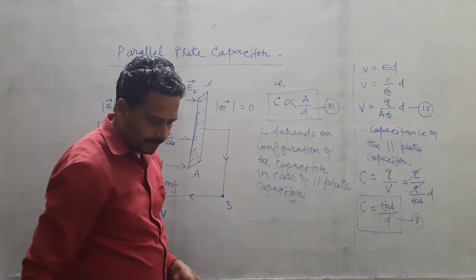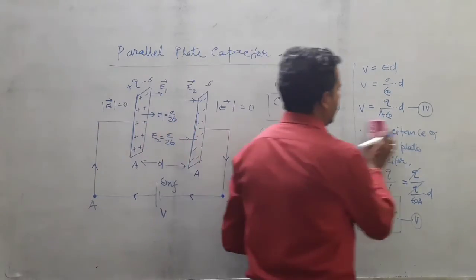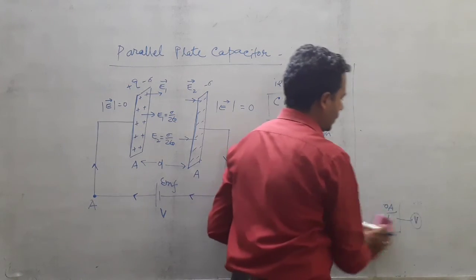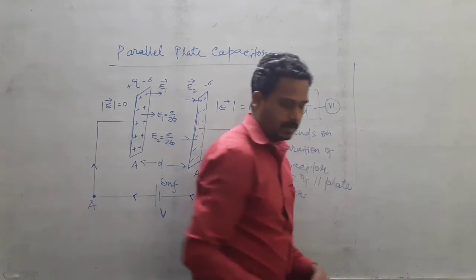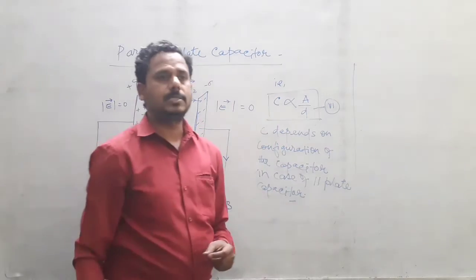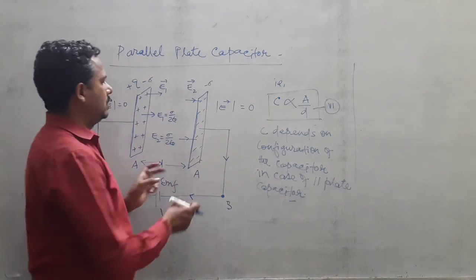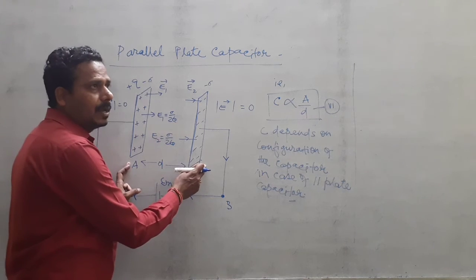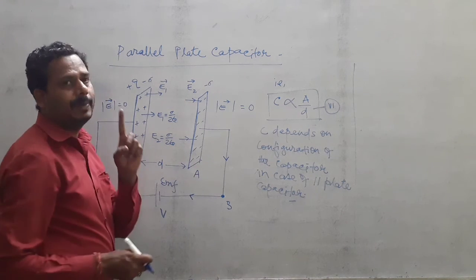One note to remember. To make a parallel plate capacitor, we need two parallel plates. By using two parallel plates, we can make one capacitor.